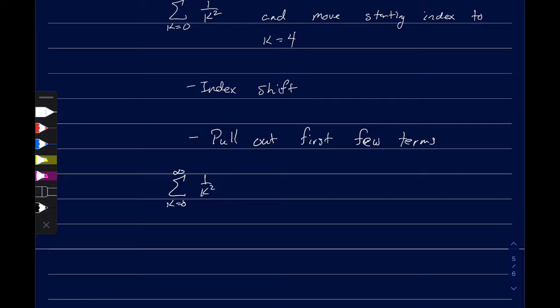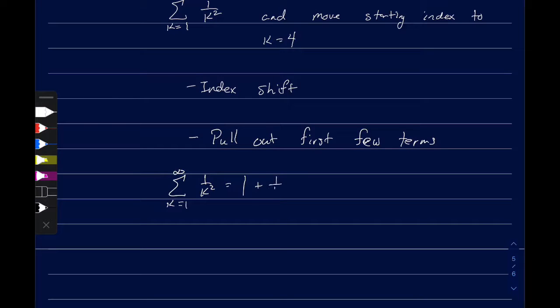So the sum from k equals 0 to infinity of 1 over k squared is 1 over 0. Well, I guess this isn't the best example because we would have to start at k equals 1, because we can't divide by 0. So we still have the same problem, except we're starting at a different point.